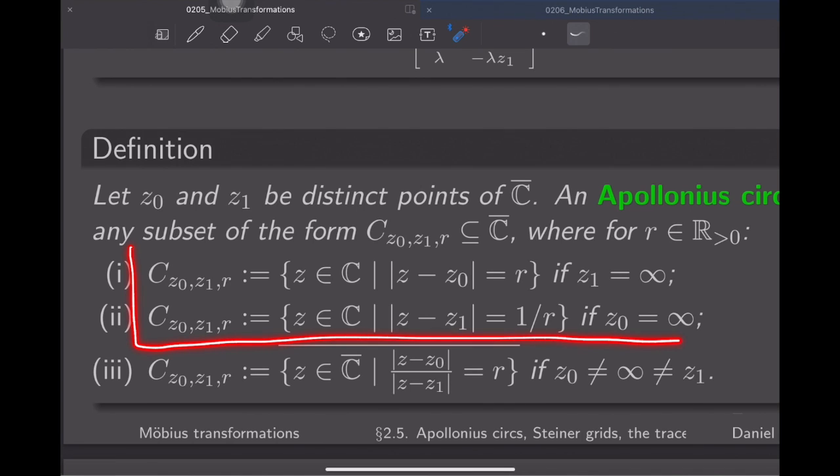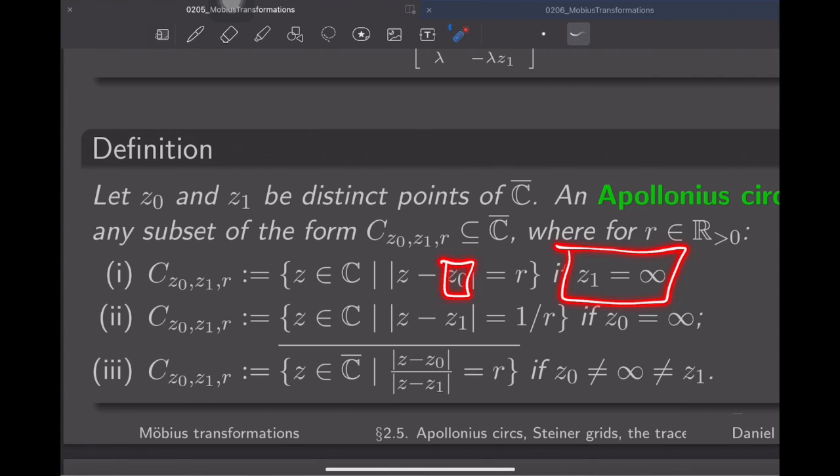There are two easy cases, which is when one of the two points is the point at infinity, in which case the corresponding Apollonius circle is simply a circle centered at the other point, the point which is not infinite, and with radius just R or 1 over R, depending on whether it's the second point or the first point that is infinity. But in any case, when either of the two points is infinity, the Apollonius circles centered at both points are simply the Euclidean circles centered at the finite point.